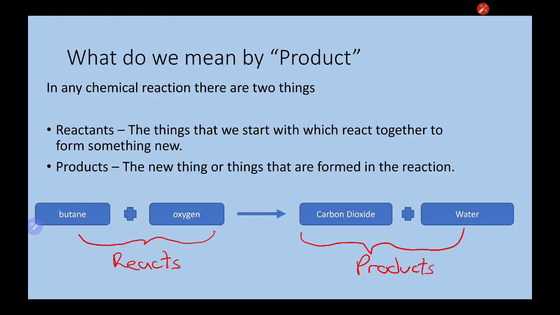In any chemical equation like this, the things on the left-hand side are the reactants, a little spelling error there, and the things on the right-hand side of the arrow, they're our products. That's something very important that you need to remember, and you will get used to doing that, because as we write more and more chemical equations, it will become like second nature to you.